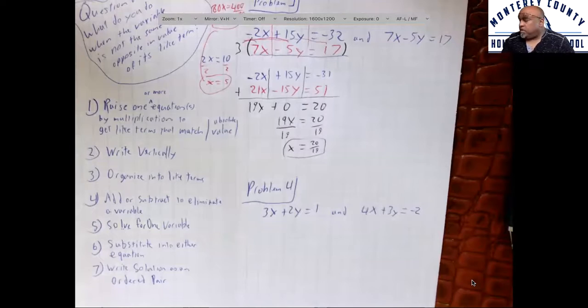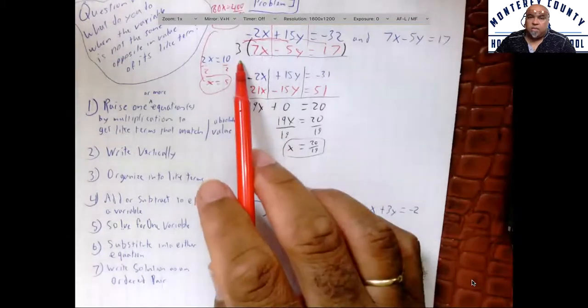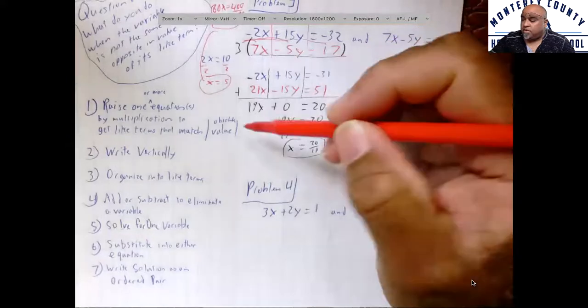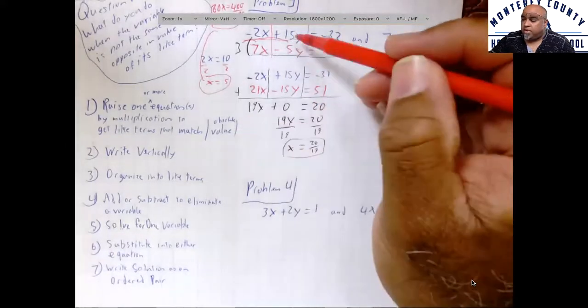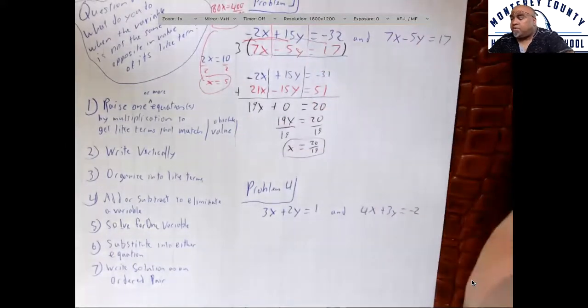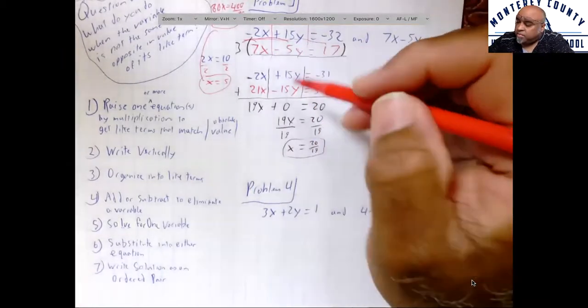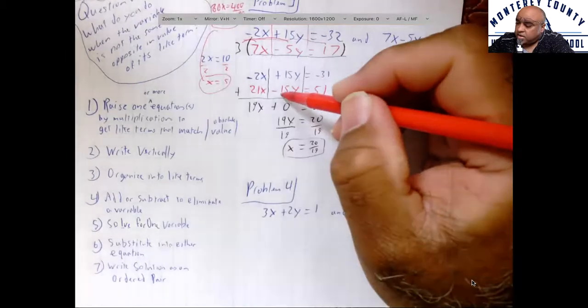So the point here is, in this case, I had to multiply in this step times 3 in order to get a like term that was the absolute value of the other like term. Now I say the absolute value because if this was positive, then I would have positive 15 down here.